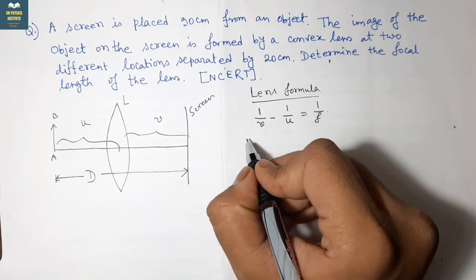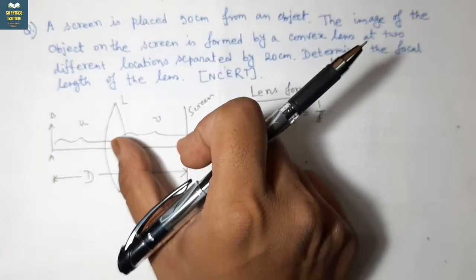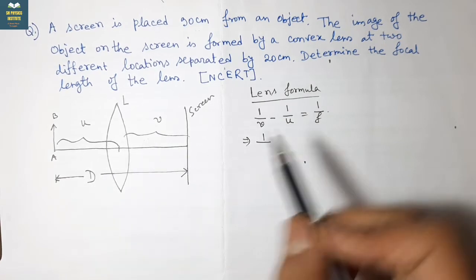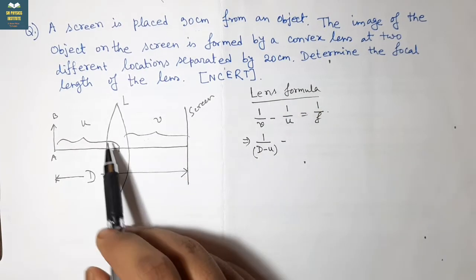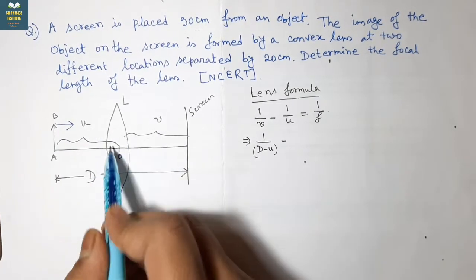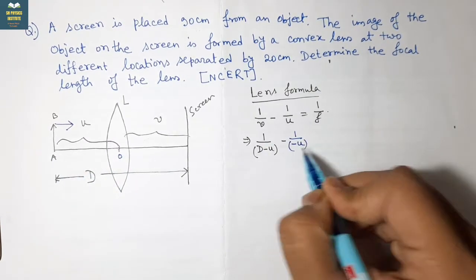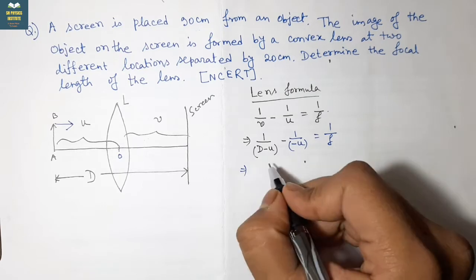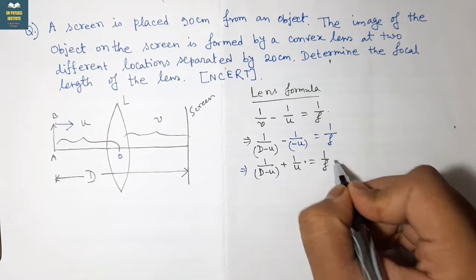Here v is equal to D minus u, because u plus v is equal to capital D. The incident ray is in this direction and you are measuring opposite to the incident ray, so u will be negative, f is positive. So what you are getting here is 1 by (D minus u) plus 1 by u is equal to 1 by f.